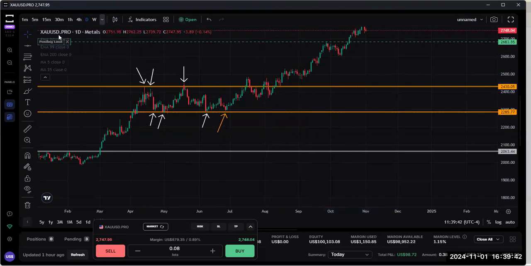Okay. So we could call this area, that's 2430, an area of support. Let's see if we can find any other areas of interest.